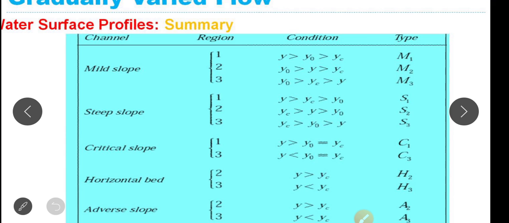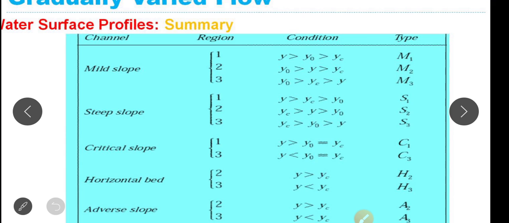So we have understood each and every content. Just as a summary, mild slope exists in all three zones, zone 1, zone 2, zone 3, and steep slope also exists in all three zones.